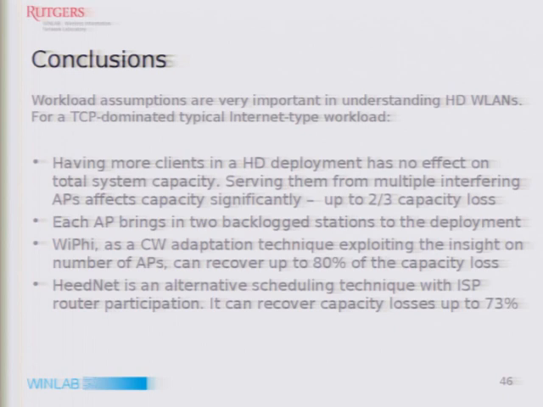We also proposed HeedNet as an alternative scheduling technique on the ISP side, which could still reasonably recover a similar amount of losses compared to a MAC kind of solution. This is a layer 3 plus kind of solution, which requires client participation.